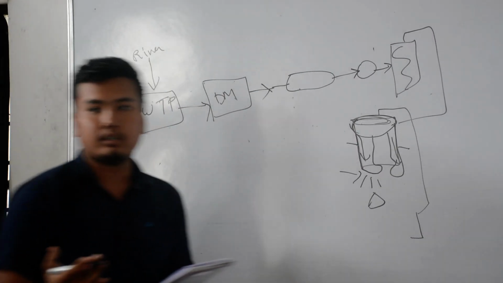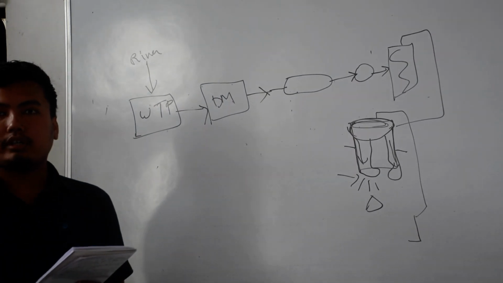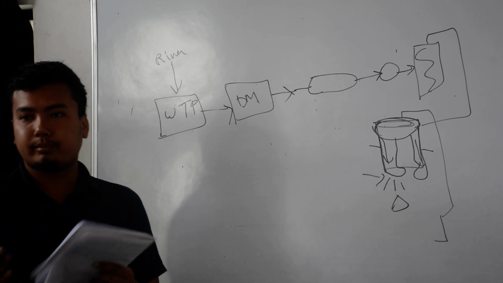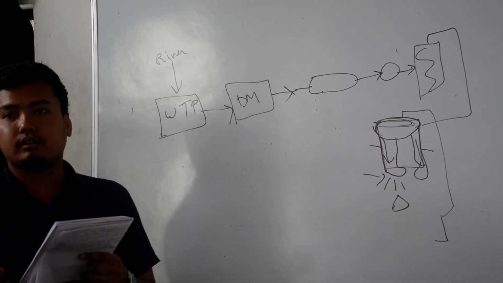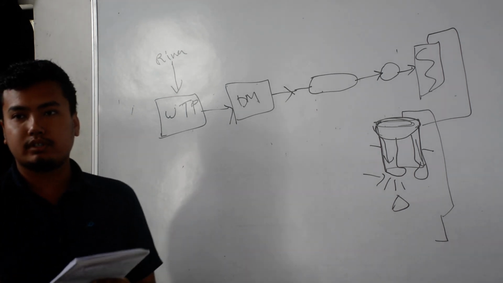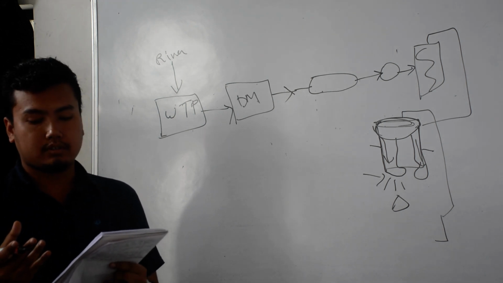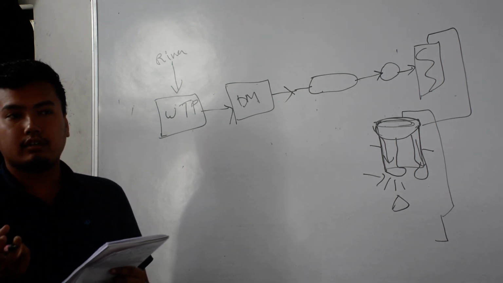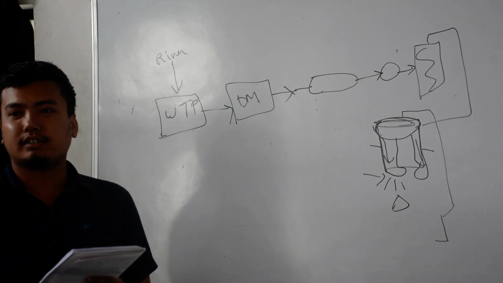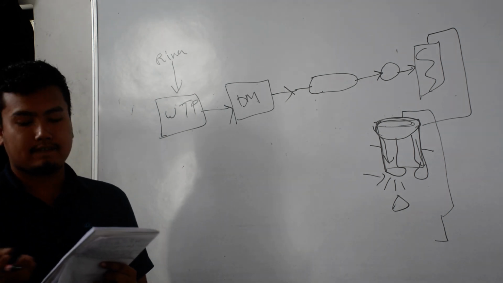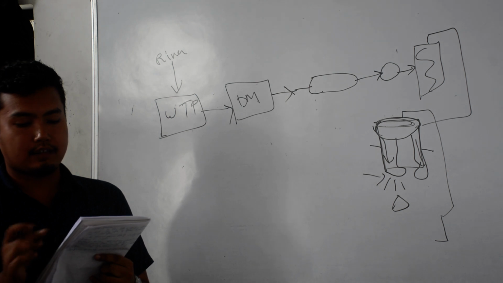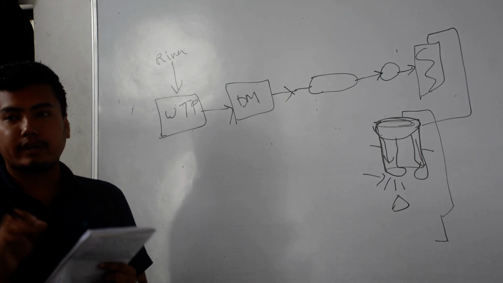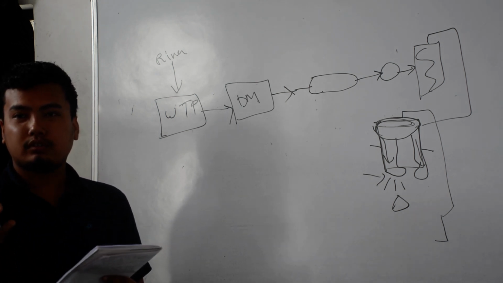In the desuperheater, it controls the temperature of the steam. So if the steam is too hot, then it will control it to the required temperature. How can you control temperature? Sir, by giving some water drops. Water spray.